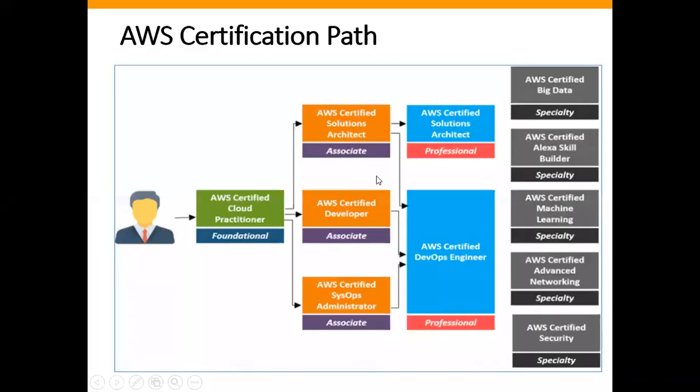The services are completely different. Whatever I'm going to teach in the services has no link with SysOps administrator. What we are learning in this training has nothing to do with administrator associate. With developer, only two services match, EC2 and S3. With SysOps, no services match.